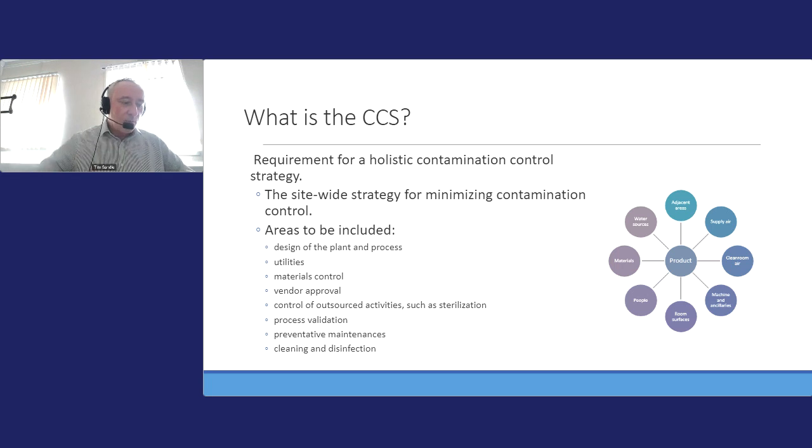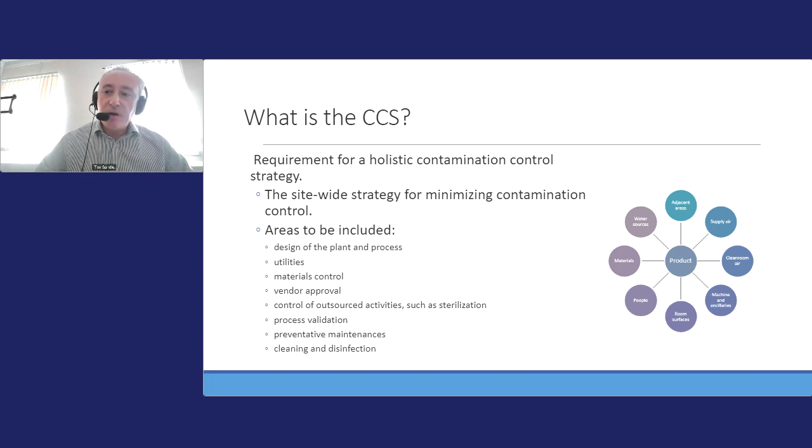It should cover raw material controls, including in-process controls. It should include vendor approval, and in particular, the approval of vendors that are supplying sterilized components and equipment to the site, things like single-use disposable technologies.